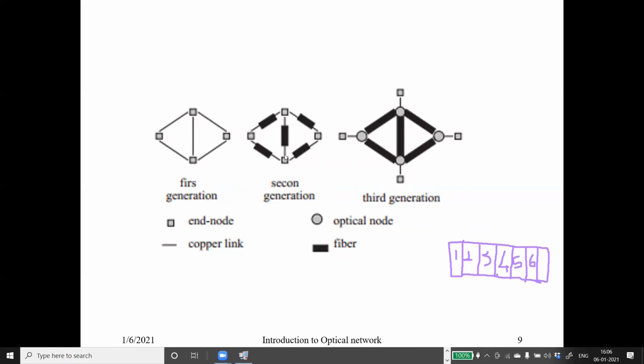So here what was happening was you had an optical to electrical and electrical back to optical conversion, and therefore it was limiting the bandwidth, whereas this is actually helping it to have a larger bandwidth because no conversion from electrical to optical or optical to electrical is taking place.